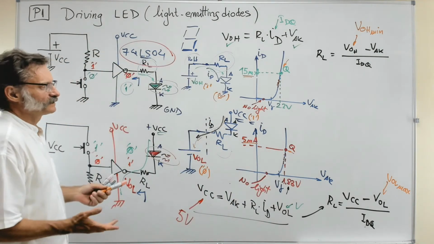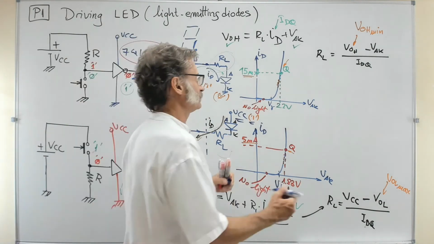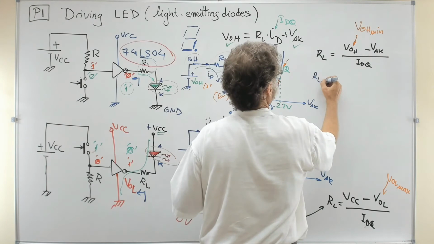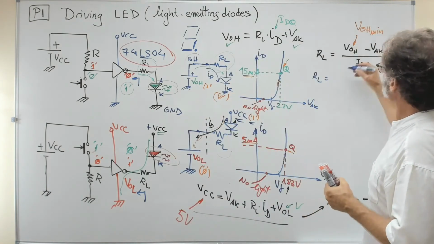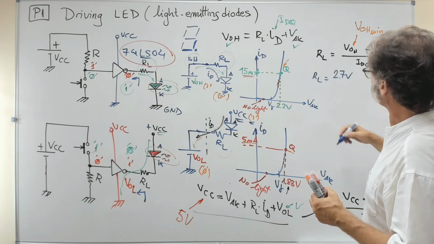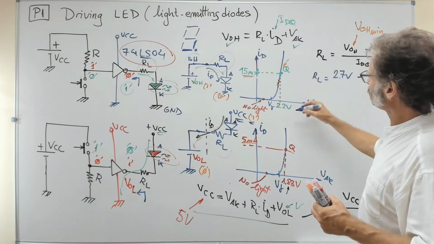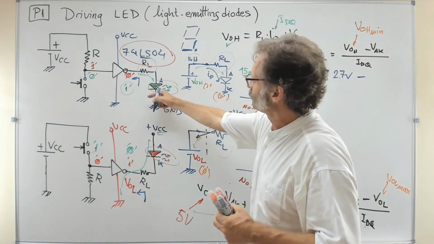So that's the point. If you like to solve that for real values, in this example the RL is VOH minimum, which we calculated as 2.7, remember? Minus the voltage anode to cathode, which depends on the type of LED.